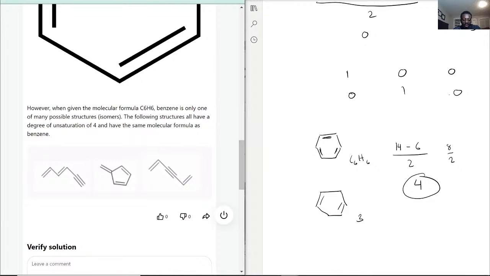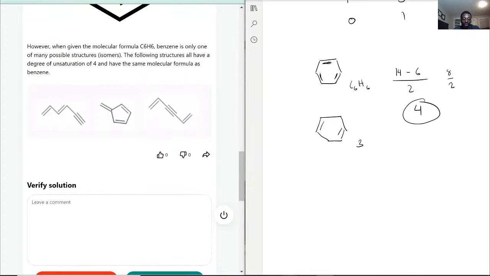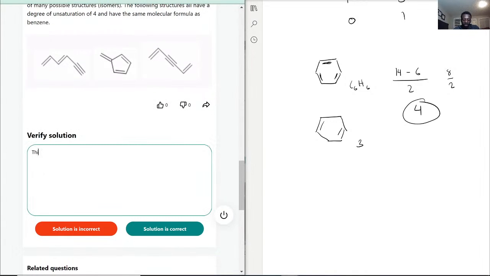As you can see here in this 3rd example, it has 2 double bonds and 1 triple bond, and triple bonds count as 2 degrees of unsaturation, so you can still get that 4 degrees of unsaturation. So all of these are just different examples of a 4 degree unsaturation of a hydrocarbon in this case. So this is correct.